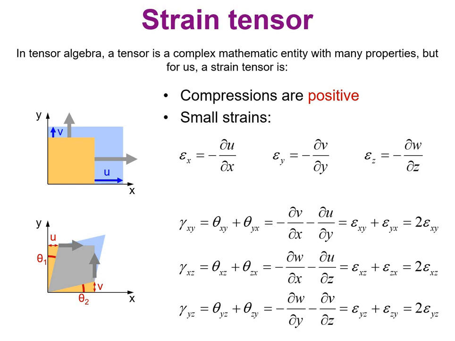In the same way we have axial stresses, we are going to have axial strains, and in the same way we have shear stresses, we are going to have distortions in these directions, as you can see on the screen. So you will have epsilon x, y, and z, defined as the partial derivative of the displacements in the directions u, v, and w that correspond with the axes x, y, and z.